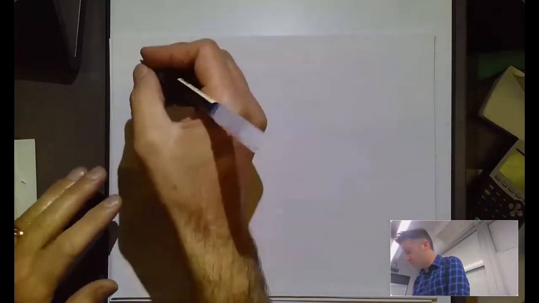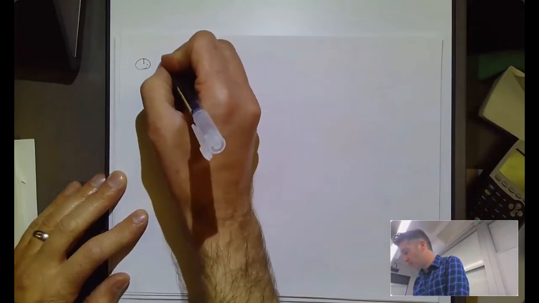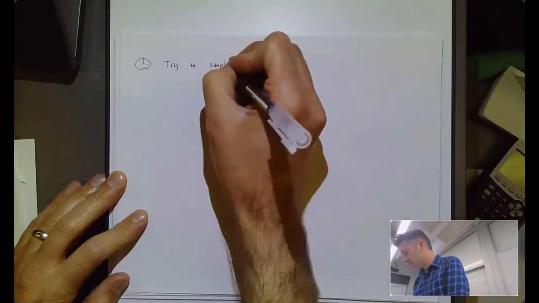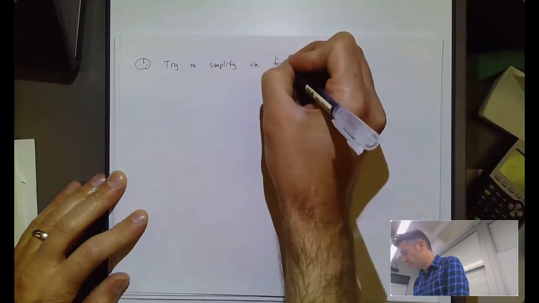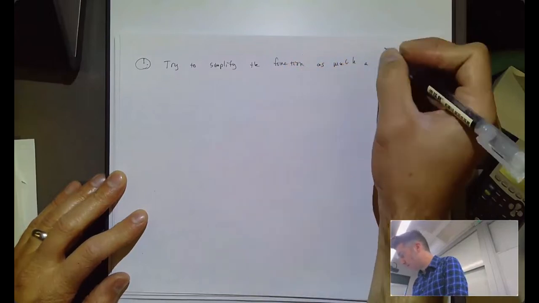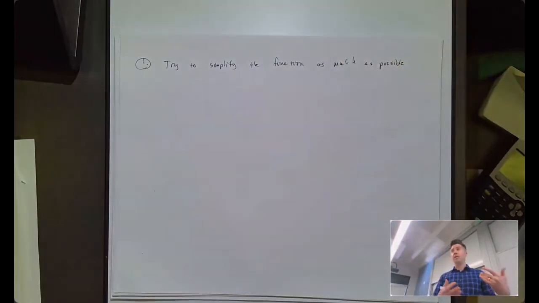The first method of integration, so I should back up a little bit. One thing you're going to do when antidifferentiating is first try to simplify the function as much as possible. If you can write the thing you're antidifferentiating as just powers of your variable, that's ideal, because then we can use the anti-power rule.